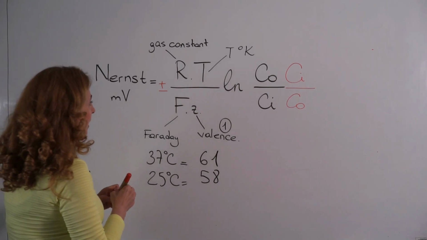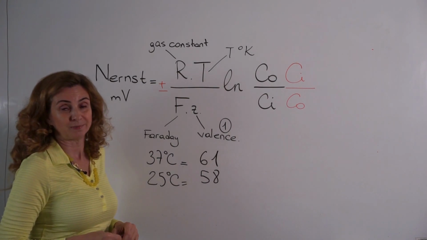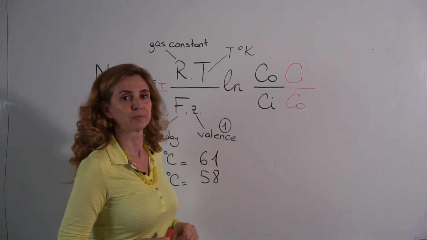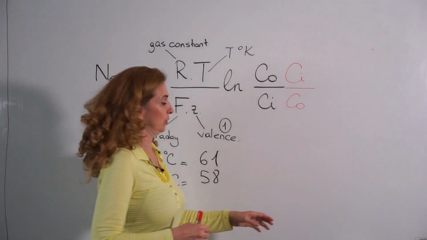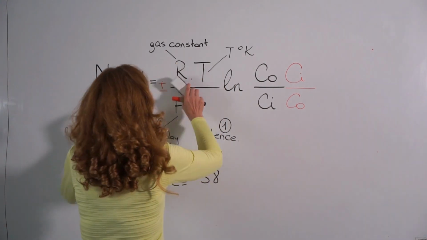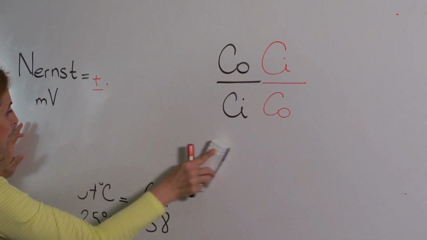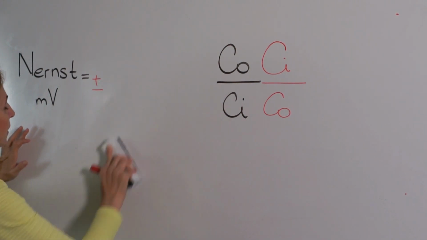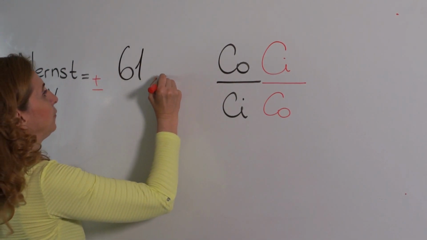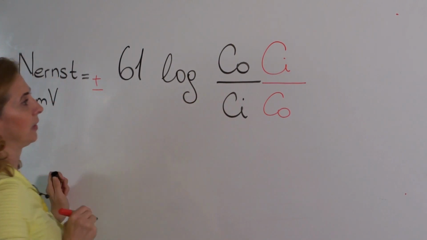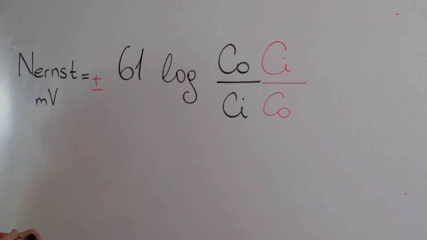So, what will our formula look like when it is simplified? When we simplify our Nernst equation, it will look like this: plus minus 61 for the logarithm with the base 10 of the concentration ratio.